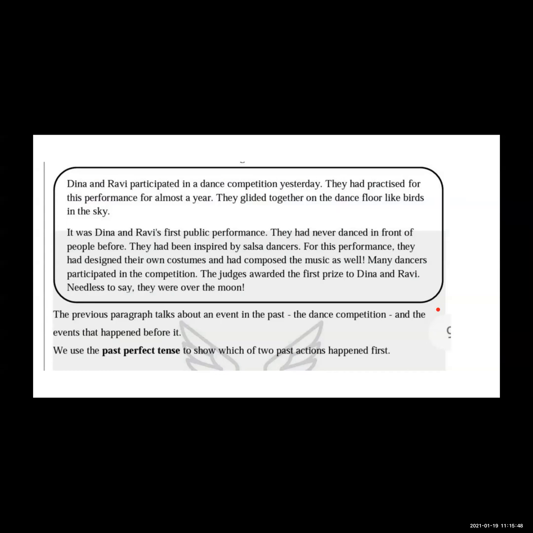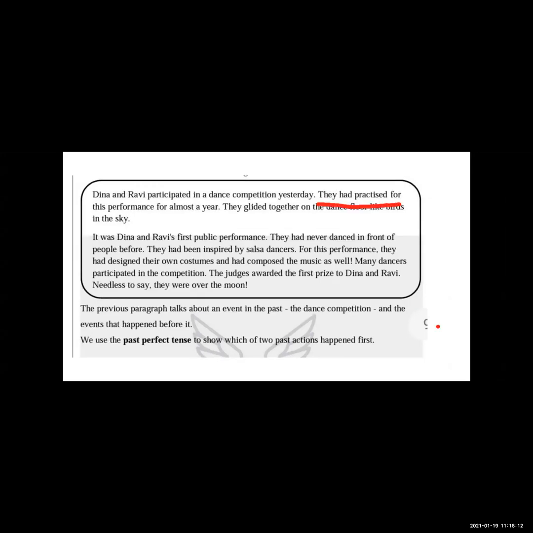They participated in a dance competition yesterday and they had practiced for it for almost a year, which means from last year they had been practicing. Then they glided together on the dance floor like birds in the sky. It means they gave the performance.